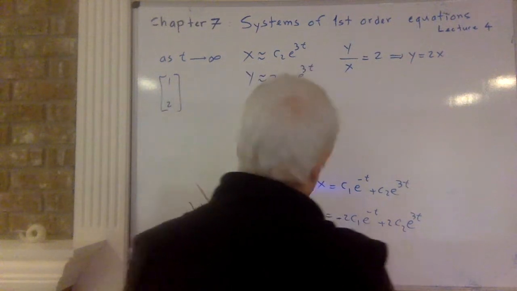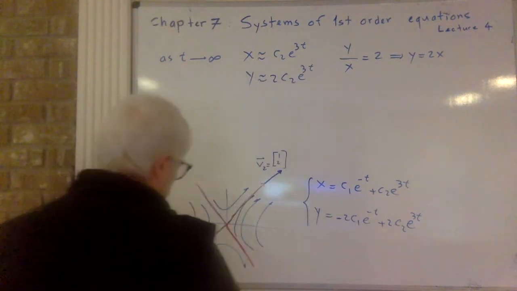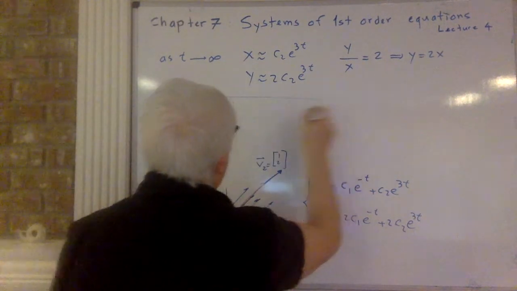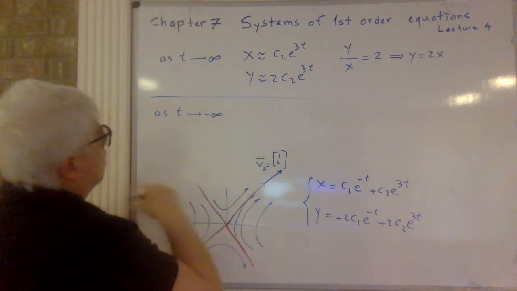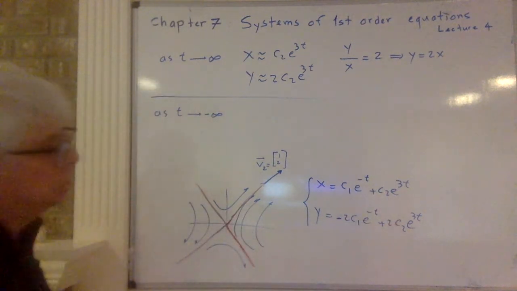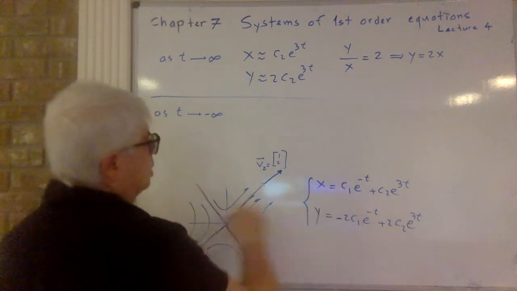And what happens as t goes to negative infinity? So that was positive infinity. Now, as t goes to negative infinity, e to the power 3t, that's minus something big, that's 0. But this one stays.